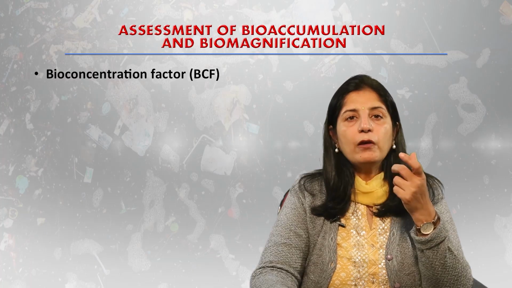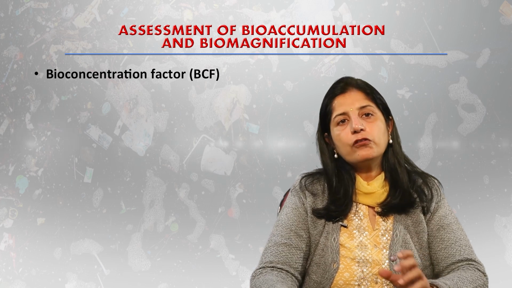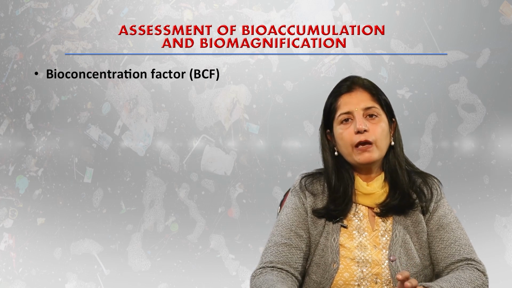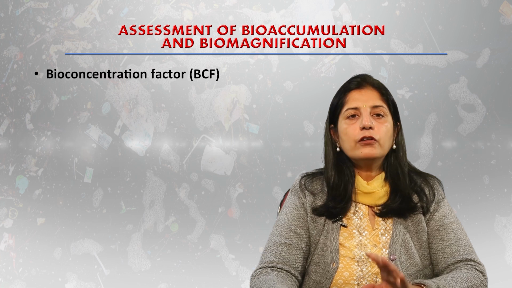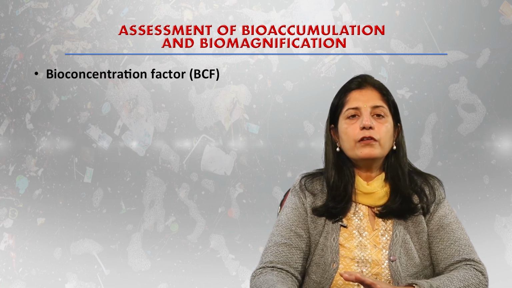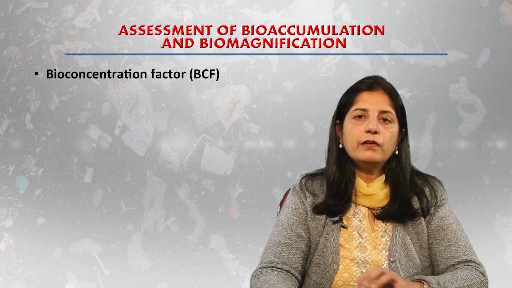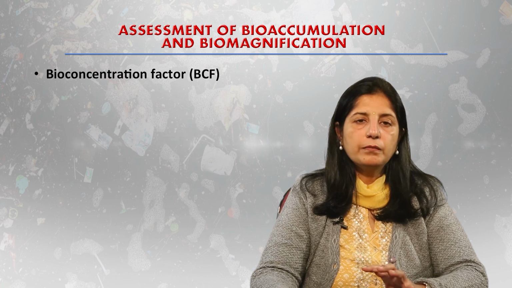Then recently another parameter is also used, known as the octanol air partition coefficient. That is used for organisms which live in air or on land, because they will be taking it up through air also. Bioconcentration factor is the ratio of the concentration of a chemical in the organism to the concentration in water once the steady state has been reached.